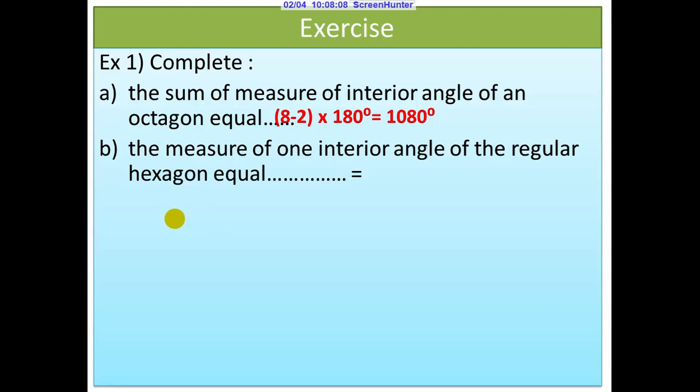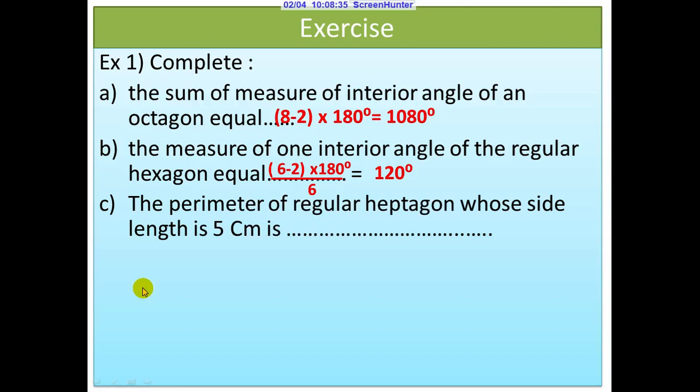Yes, it will be the second or third rule, I think. It will be (n - 2) times 180 over n. And by replacing n here by 6, it will be equal (6 - 2) times 180 over 6. Finally, it will be equal 120 degree.